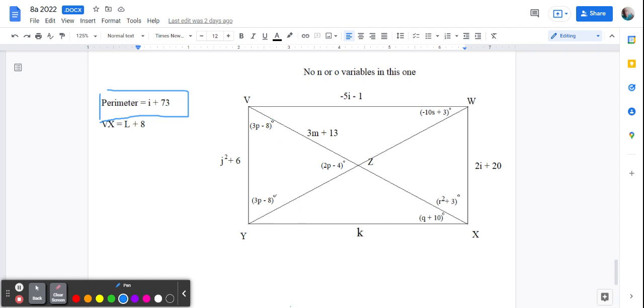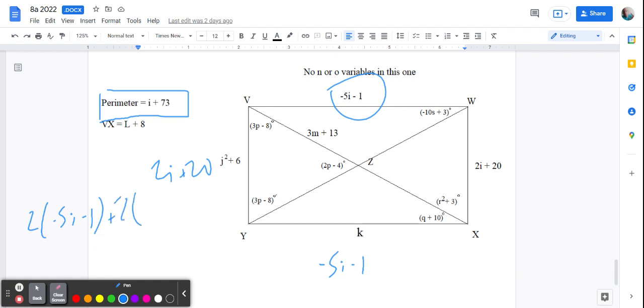Now remember, we have different variables around here, but we know that this side is equal to this side down there. And this side is 2i plus 20. So we know that 2 of the negative 5i minus 1s plus 2 of the 2i plus 20s is going to equal I plus 73.